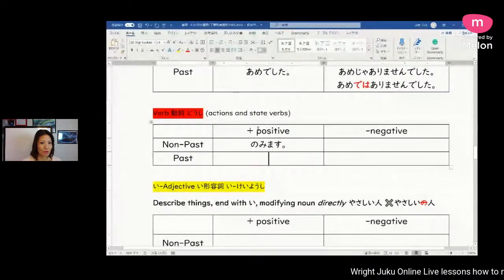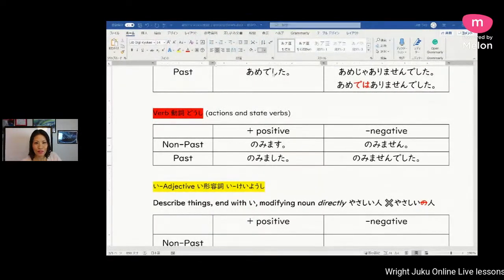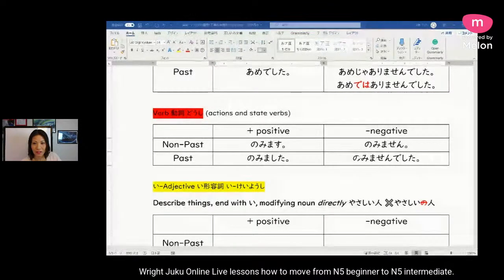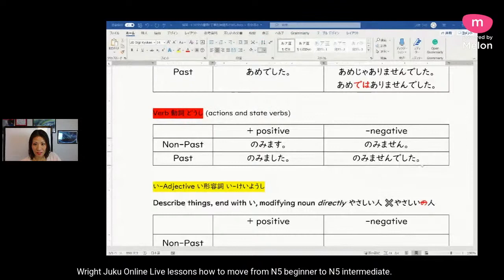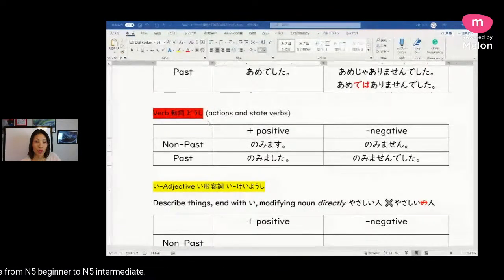I'll be muted. Alright, sorry, I may have confused you. The answer is nomimasu, nomimashita, negative non-past nomimasen, nomimasen deshita. Alright, there's no exception here. All the verbs go like this for the polite form.